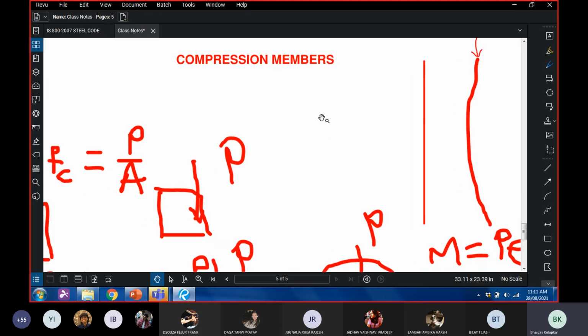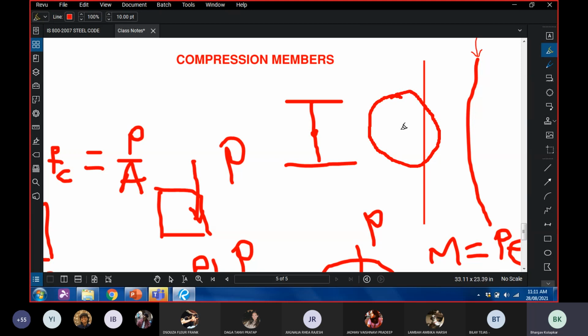because if I look at an I section, say this is my I section and this is my centroidal axis somewhere here. If I look at a hollow circular section, say this is a hollow circular section and this is my centroidal axis. So in a hollow circular section, almost all the parts of the section are as far away from the central axis as possible, meaning that they have a very high value of r.